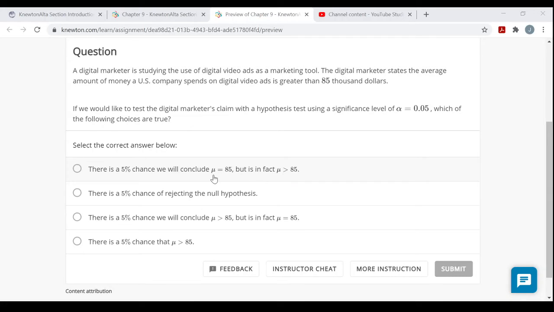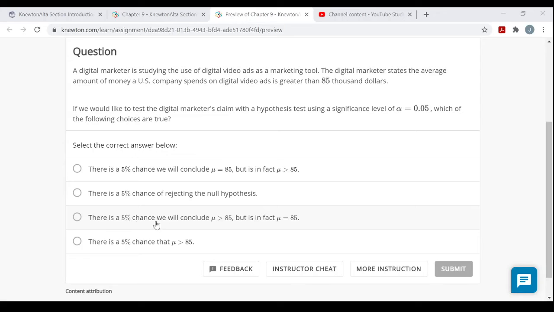No. If we conclude that mu is equal to 85, that means we didn't reject the null hypothesis. Alpha, the significance level, is the probability that we did reject it, but it was actually true. So it's the one down here, the other way around.